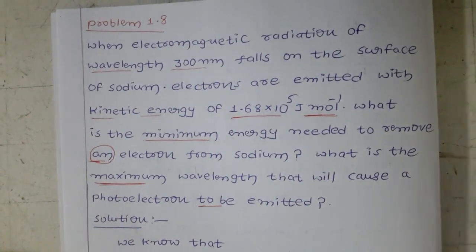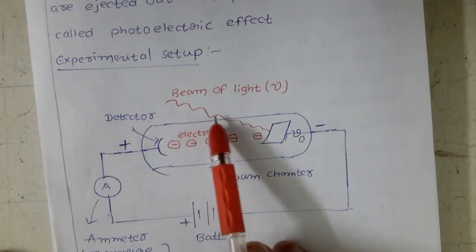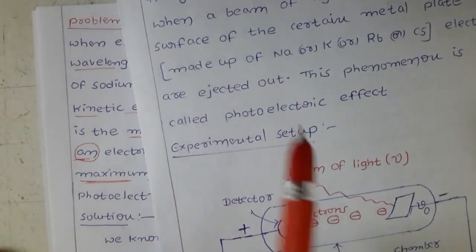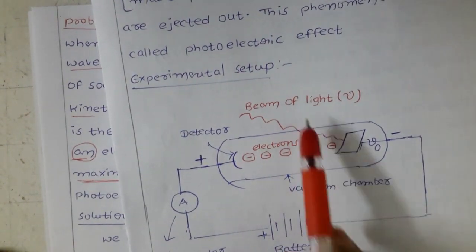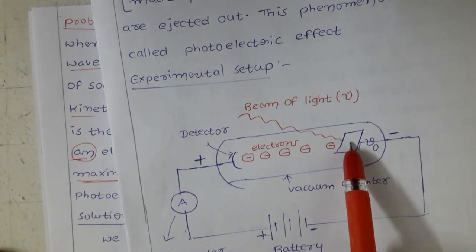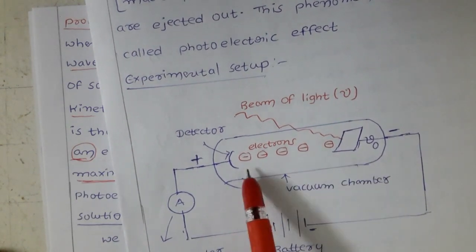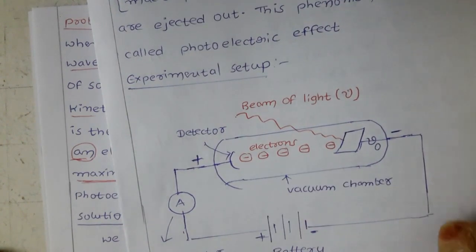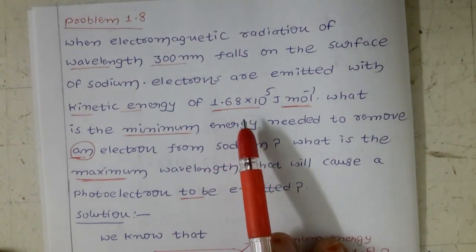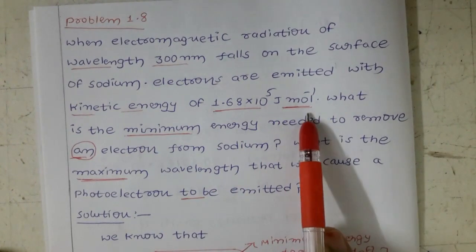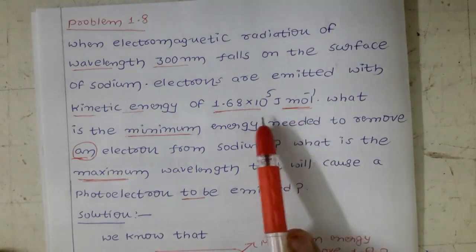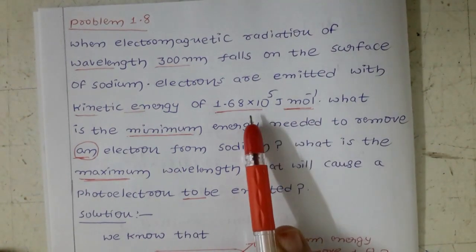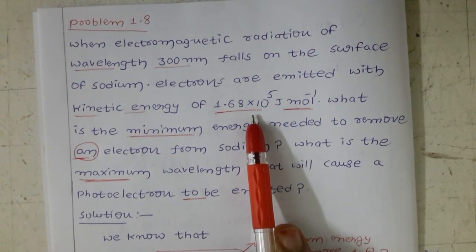You are going to use radiation having a wavelength of 300 nanometers. This is a sodium metal, and from this sodium metal electrons are coming out. The energy of these electrons is given as 1.68 into 10 to the power of 5 joule per mole. It means the energy of Avogadro number of electrons is this much, not the single electron.